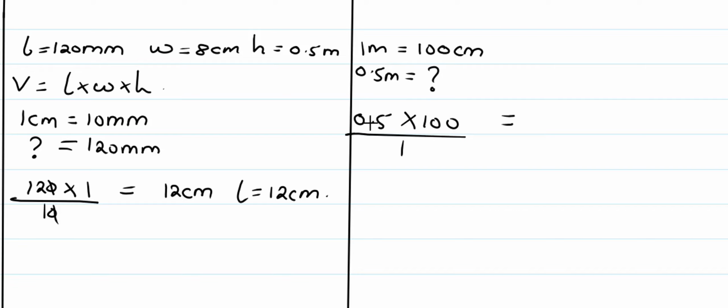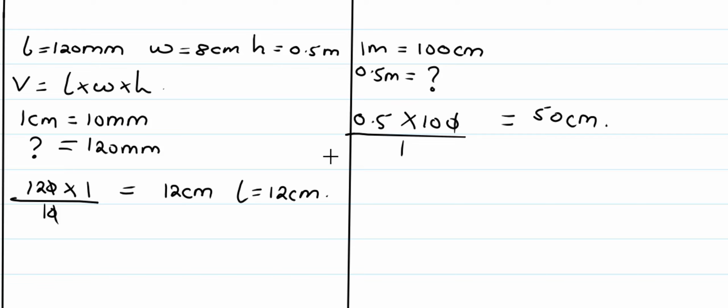Since here we have 1 decimal place, we can just cancel 1 zero there. Then it becomes 50 centimeters, because we cancelled that 0, which made us move this decimal point.